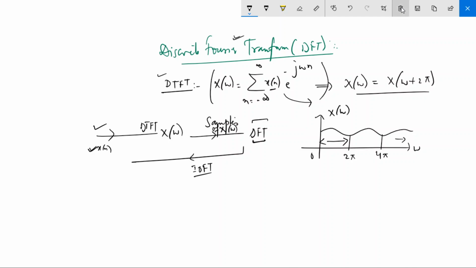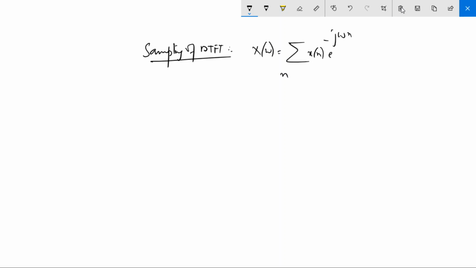Okay. So let us start with the sampling of the spectrum, sampling of DTFT. So you have X(omega), sum of x(n) e raised to the power minus j omega n.